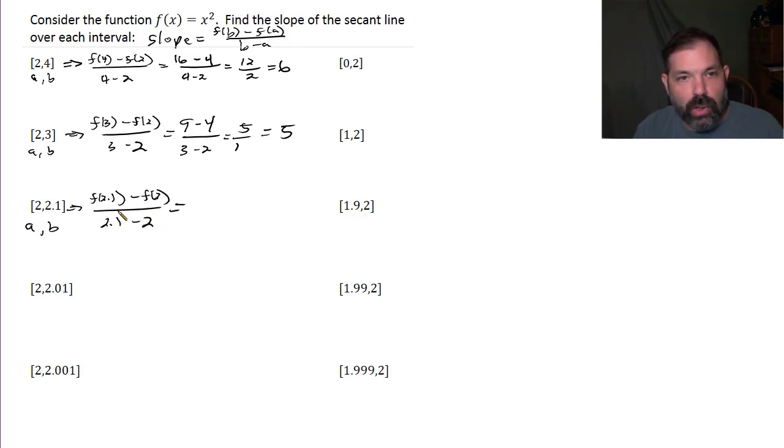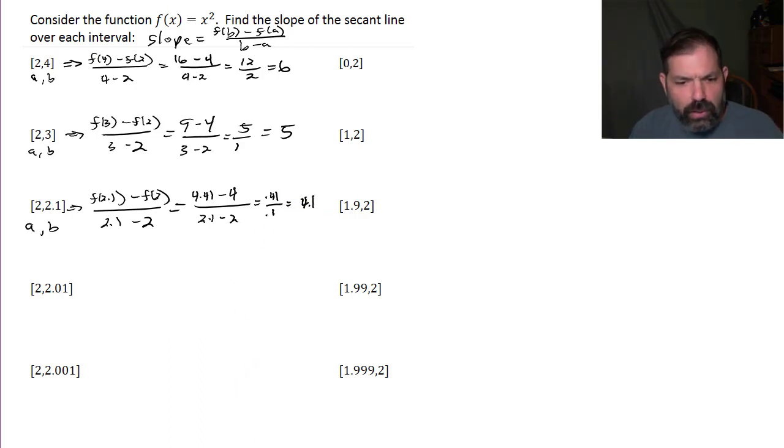All right, so f of 2.1, 2.1 squared, I think that's 4.41, minus 4 over 2.1 minus 2. So that would be 0.41 over 0.1, which is 4.1.